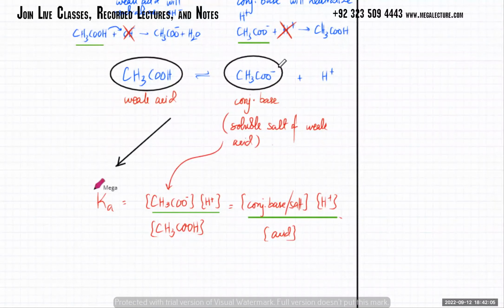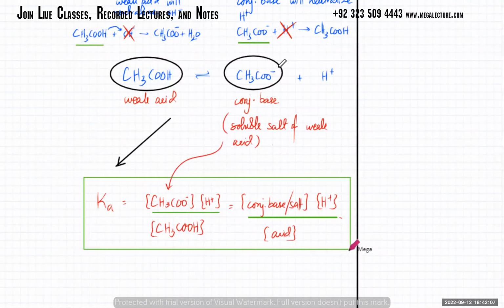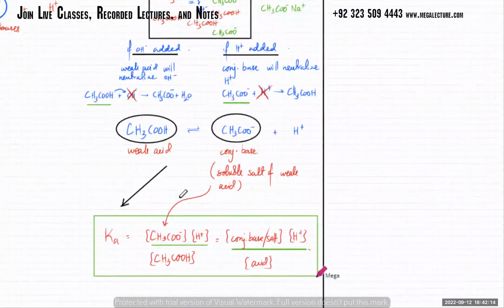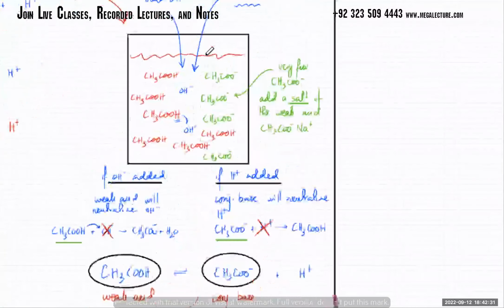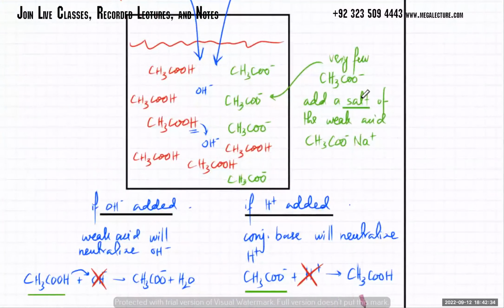So most of it is coming from the salt, and that's your new expression for K, which is kind of the same expression except for कि वही product over reactants है, except for one difference, and that is कि ये वाला ion जो है, more of it has been added from the salt. Very few ions were actually coming from the dissociation of ethanoic acid. Most of the ions that you actually added into the solution that were ethanoate ions, they actually came from the salt. So the idea clear?